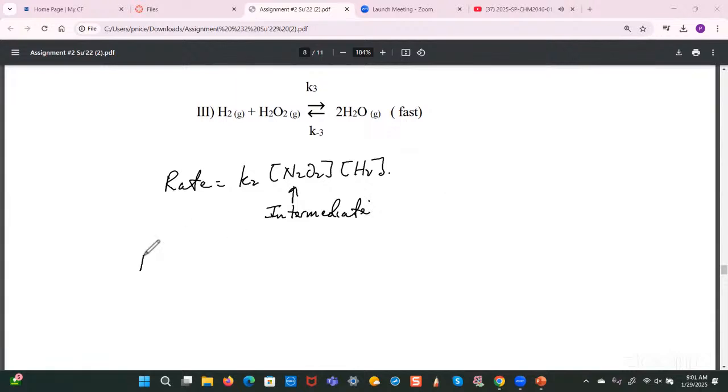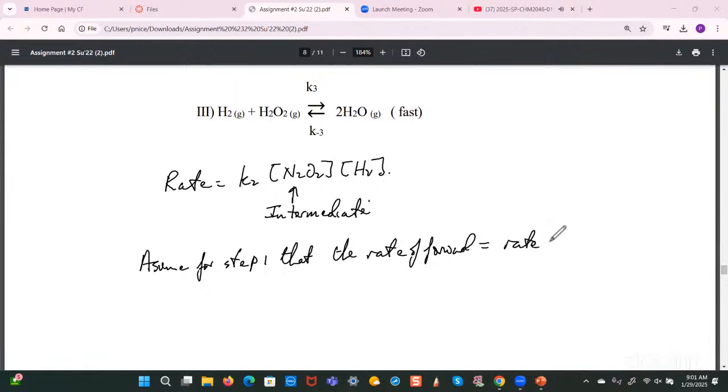We assume for step one that the rate of the forward reaction is equal to the rate of the reverse reaction. All right?